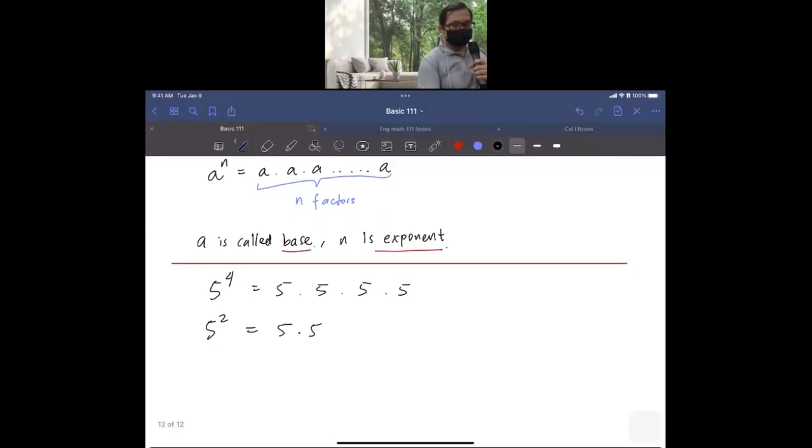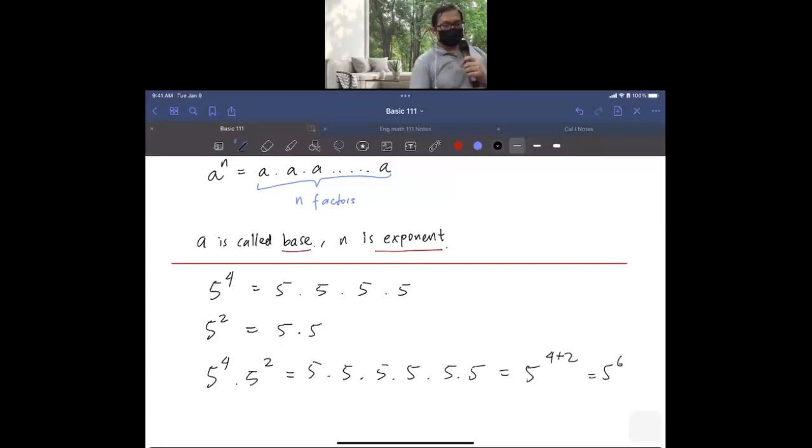But if I want to multiply 5 with power of 4 by 5 with power of 2, the exponents simply add. We can write this multiplication as 4 and then adding another 2, or we could write that this is going to be this. Okay, I hope it's still okay with you, right?